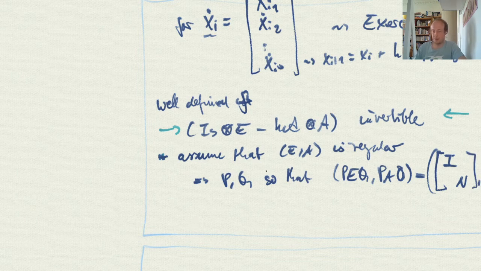Okay, so this was regularity. We already thought that this is very reasonable to assume, because existence and uniqueness of solution is, so to say, mandatory to do numerical approximation. But if it's regular, then we also have these P and Q matrices so that we can transform the system like that.